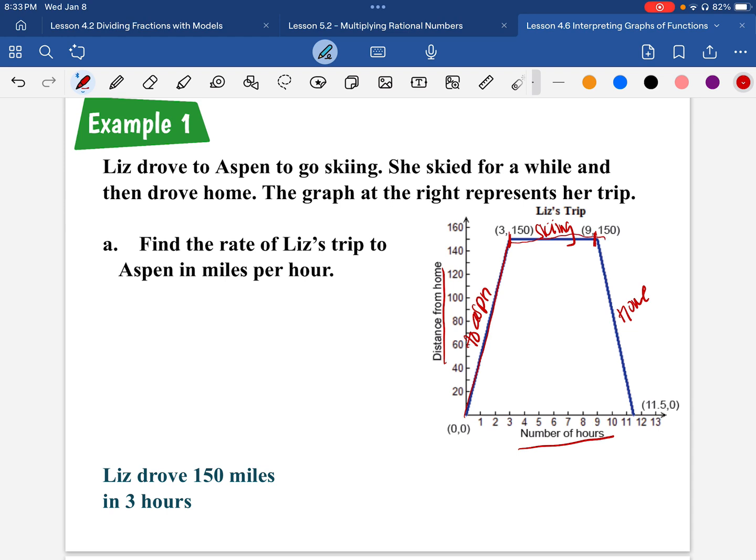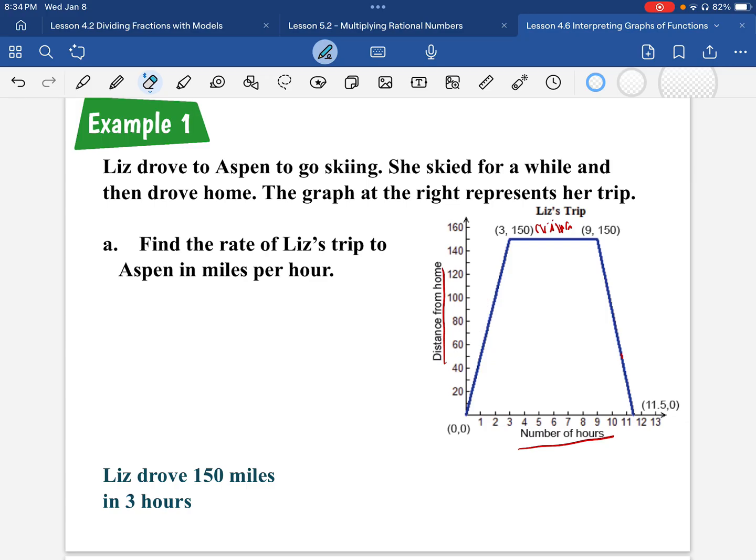She's not getting further away from home while she's at the same mountain that she drove to. And then on here, she's getting closer to home because her distance to home is getting closer to 0. So that is why I'm interpreting the graph into those 3 parts.